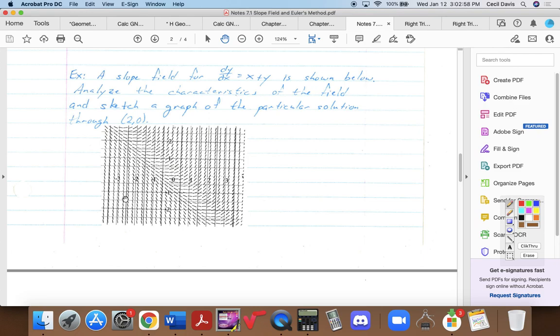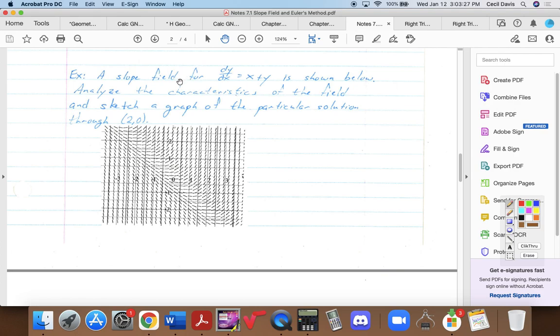I'm not going to take the time to do it because we're really short on time, but talk about where the slopes are 0, where the slopes are positive, where the slopes are negative. Do they get bigger as you move to the right, or do they get smaller as you move to the right? Those sorts of things are what you want to talk about. I'm not going to ask you to do that analysis on a test, nor will the AP, but thinking about it is a good thing.